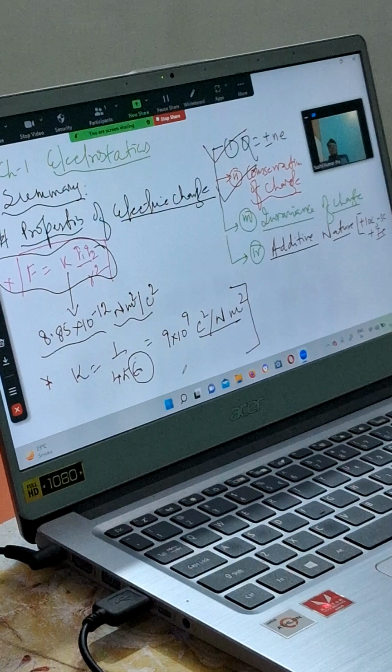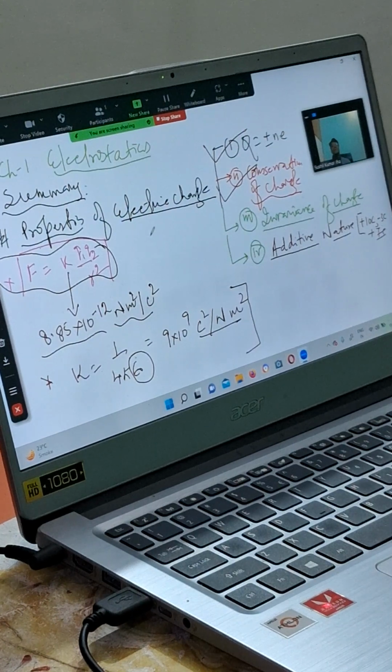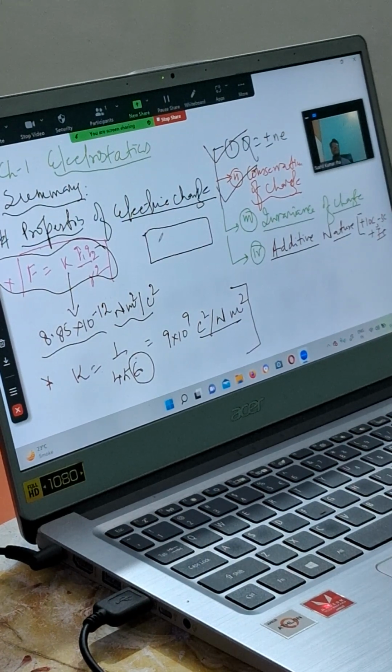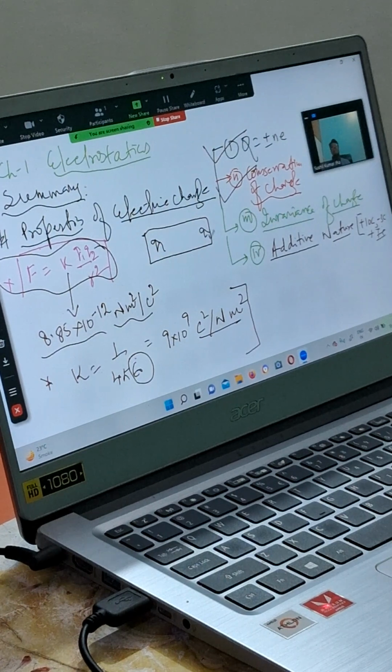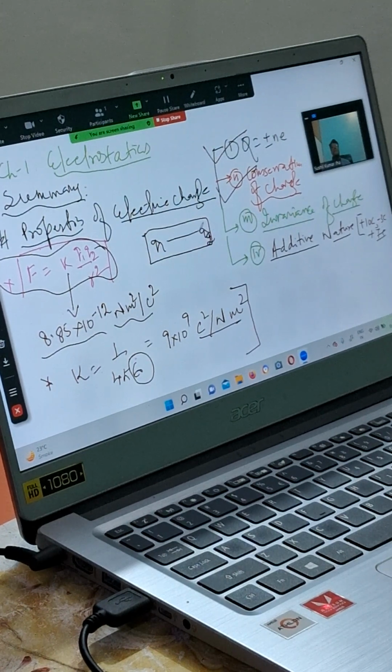And this we are talking about the charges in between where? Not in vacuum, when the Q1, Q2 are in air.